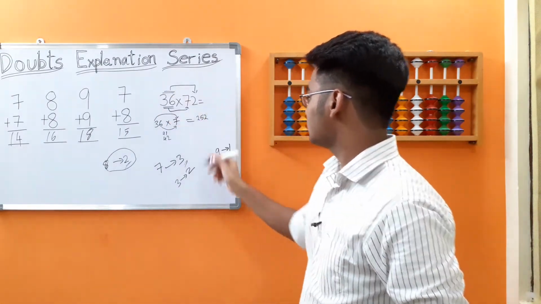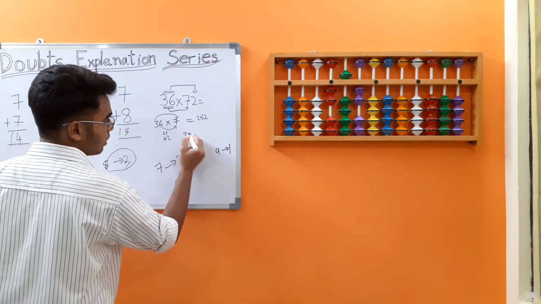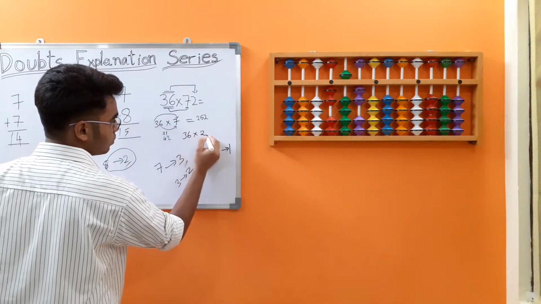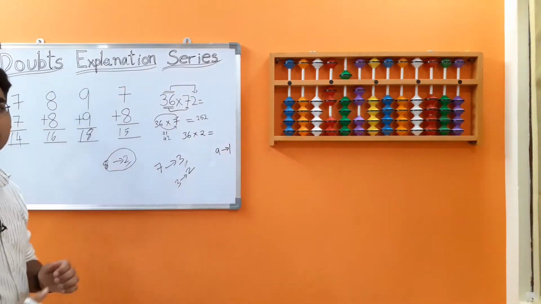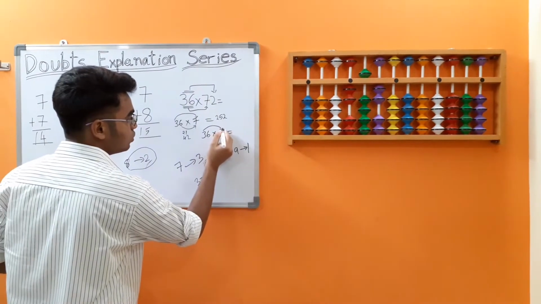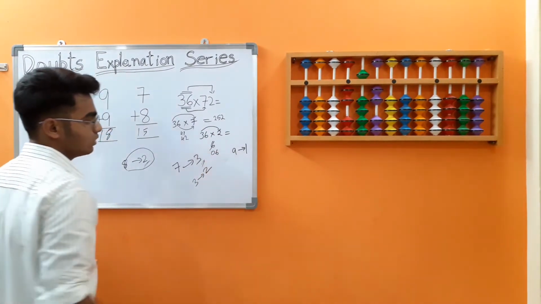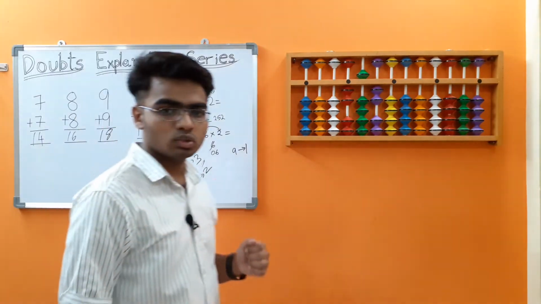Next up we have 36 into 2. Here we'll have to use 0 rule, that is 3 into 2 is not 6, it is 0, 6, okay? 3 into 2 is 0, 6.